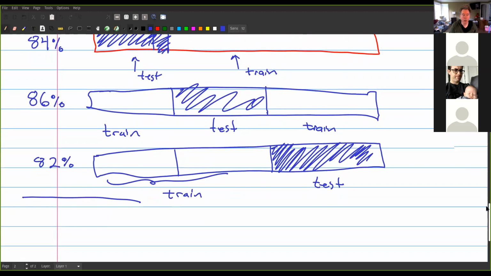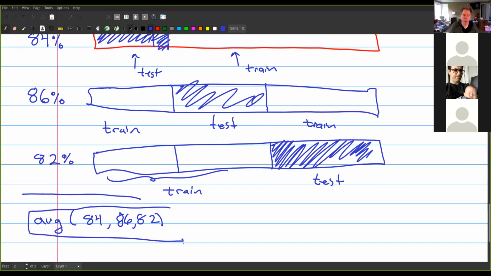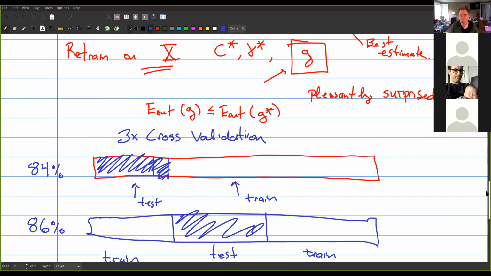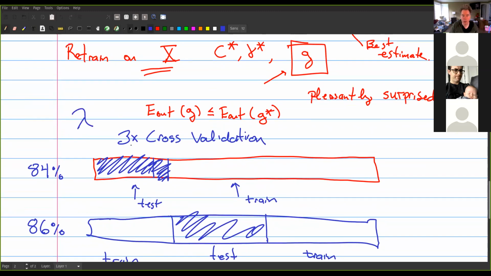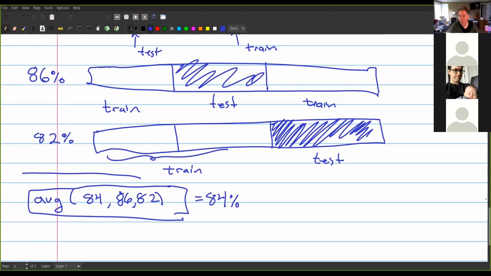Then your estimate for out of sample error would be the average of 84, 80, and 82. Okay, and so whatever that is, can you guys just figure that out? It's 82, right? Okay. So your evaluation of these particular hyperparameters using 3x cross-validation is 82%.